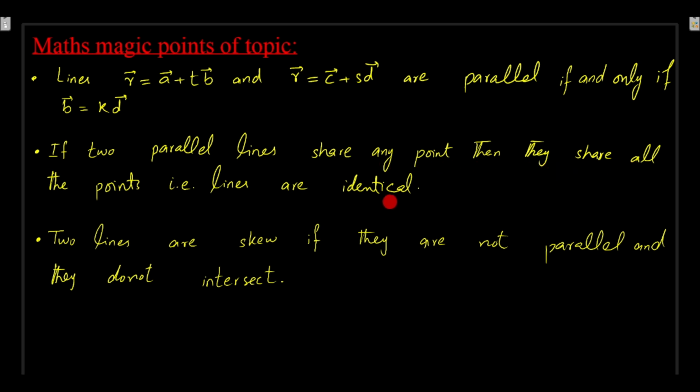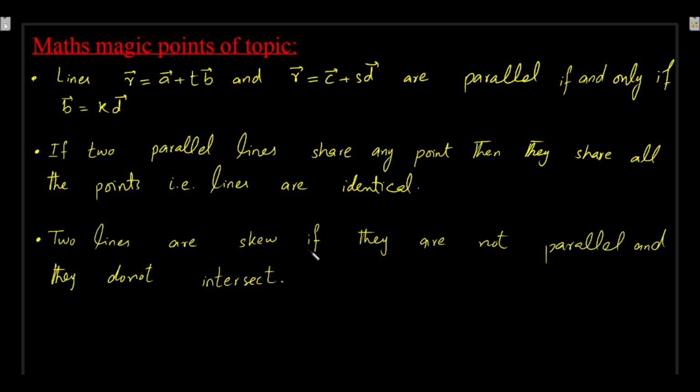That is, the lines are identical. This is also a very important point. If two lines are parallel and have one common point, it means the two lines are identical, meaning two vector equations represent the same straight line.